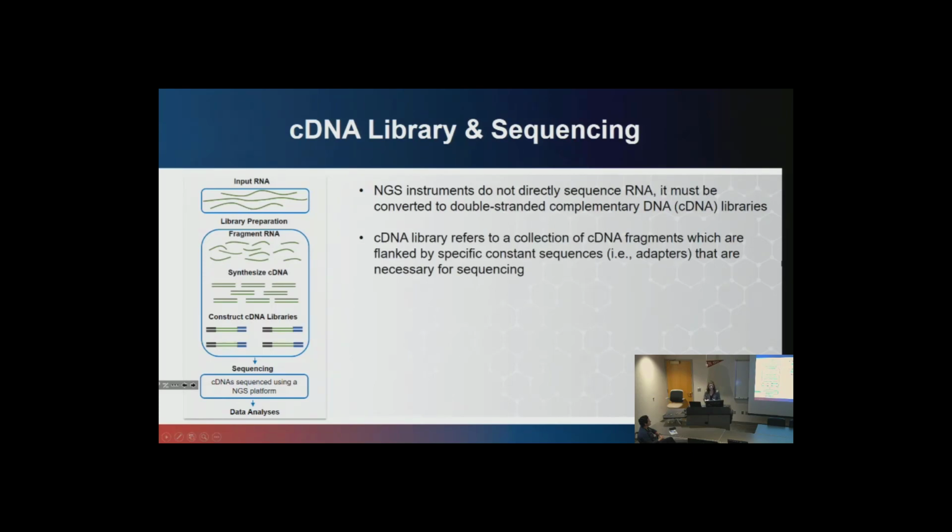A cDNA library refers to a collection of cDNA fragments which are flanked by specific constant sequences called adapters that are necessary for sequencing. Library preparation basically involves fragmentation of RNA, synthesis of cDNA, construction of cDNA libraries, and amplification prior to sequencing, and using one of these next generation sequencing platforms to generate millions of reads.